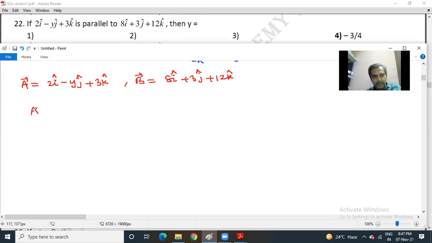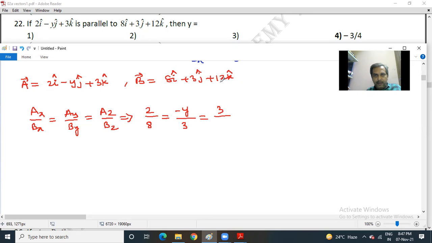Now the formula is AX by BX, AY by BY, AZ by BZ. So AX position is occupied by 2, BX position is occupied by 8, is equal to AY position occupied by minus y, BY position occupied by 3, AZ position occupied by 3, and BZ position occupied by 12.